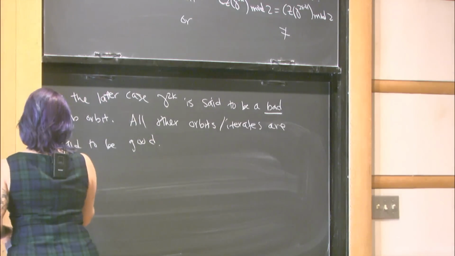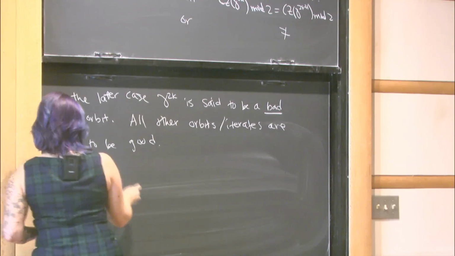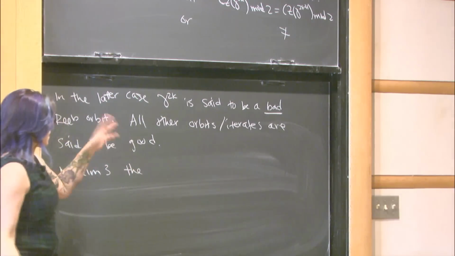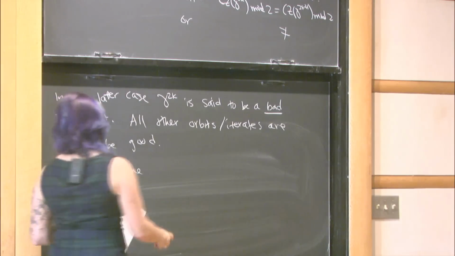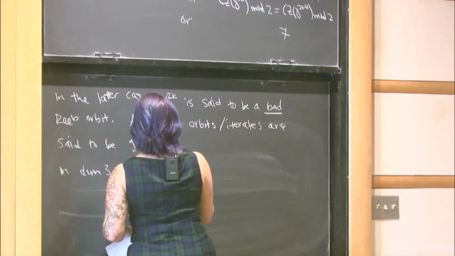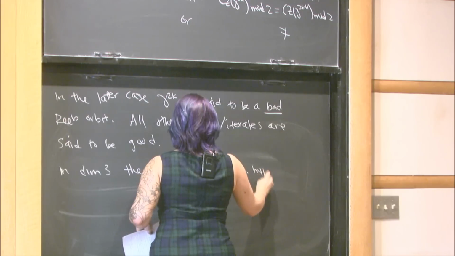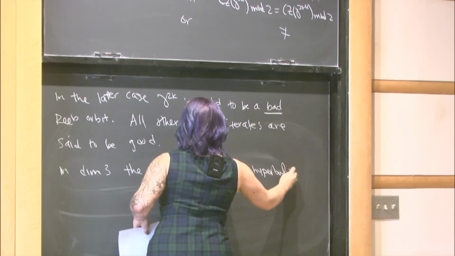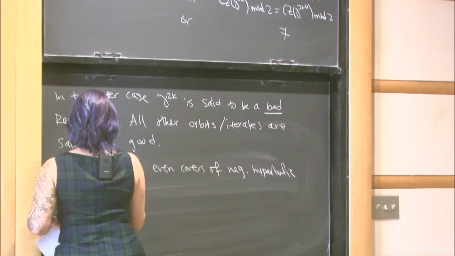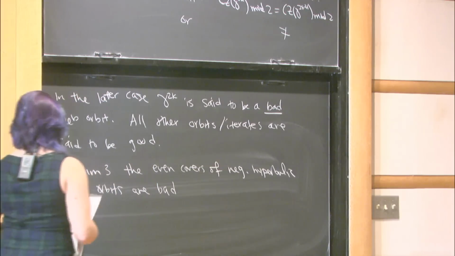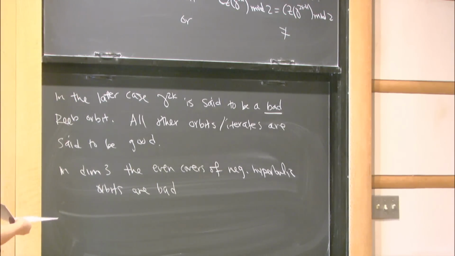So in dimension 3, the negative hyperbolic orbits are the ones that give rise to bad Reeb orbits. So the even covers of negative hyperbolic orbits are bad.